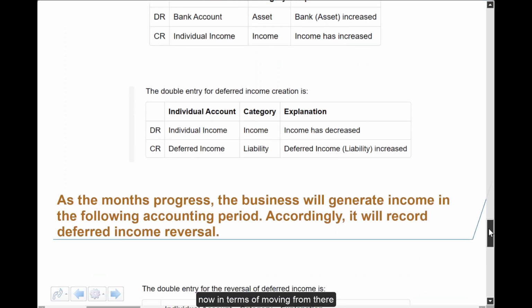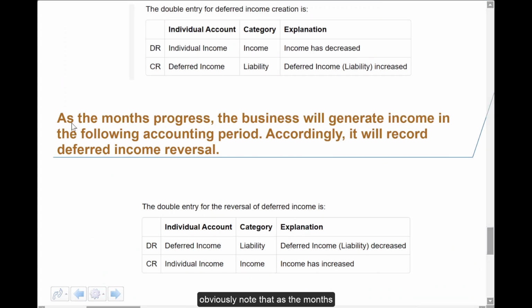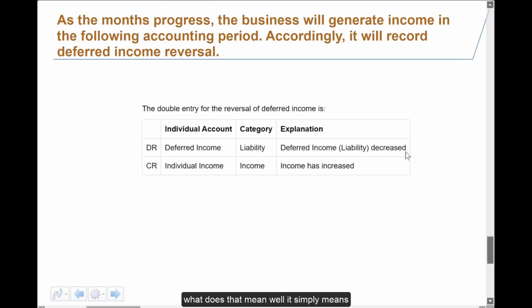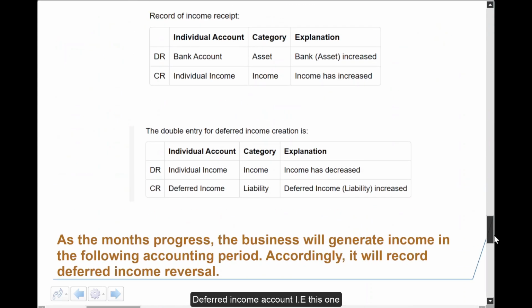Now in terms of moving from there, obviously note that as the months progress, as we saw over on the right hand side, the business will generate income in the following accounting period. Accordingly, it will record the deferred income reversal. Now, what does that mean? Well, it simply means to adjust the final entry that we just did. How do I do that? Well, get rid of the deferred income account, i.e. this one here.